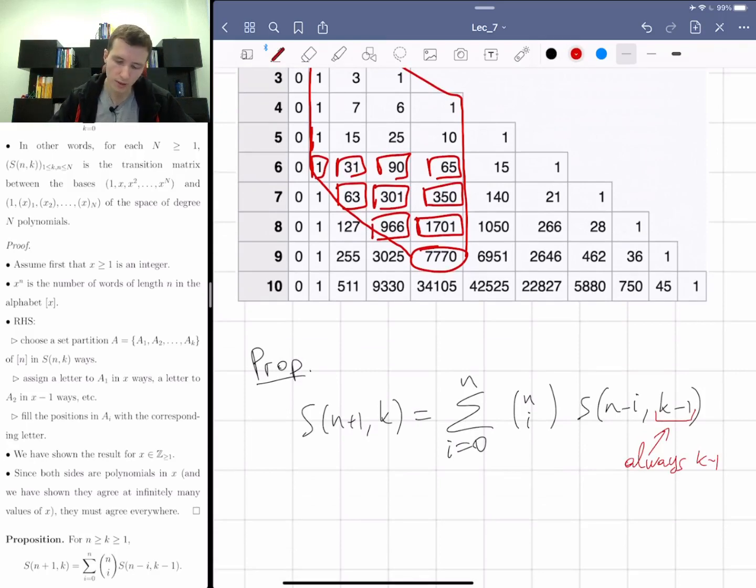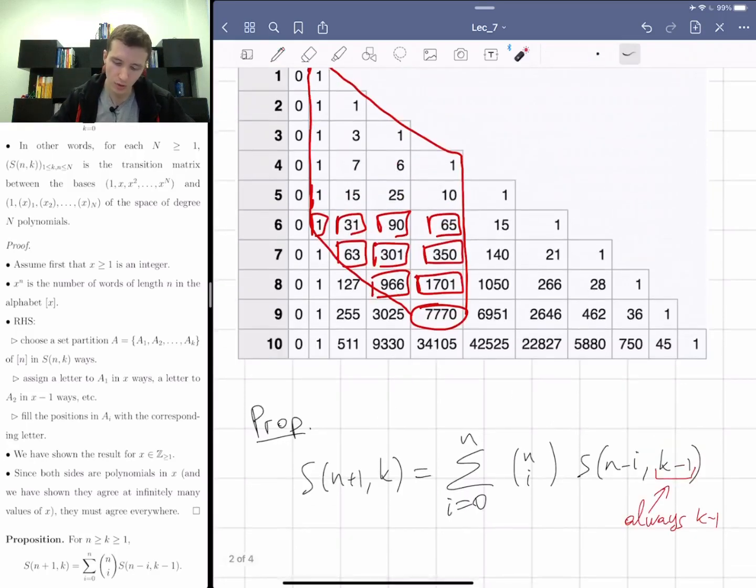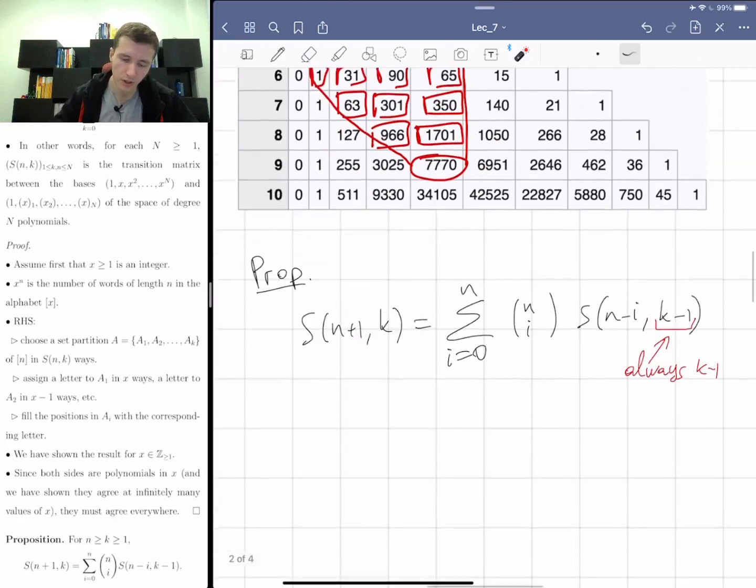In other words, this recurrence allows you to compute not row by row, but column by column. You first compute k equals 1, then using that you compute k equals 2, and then etc. That's a different kind of recurrence.